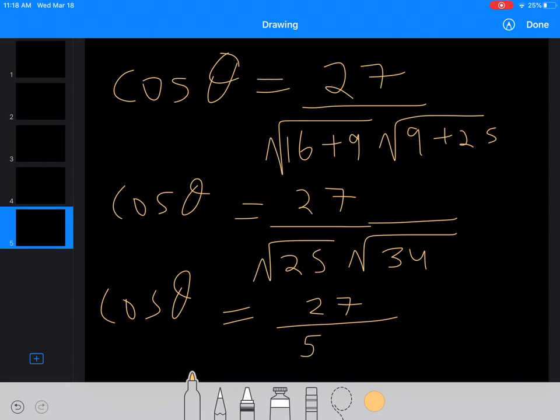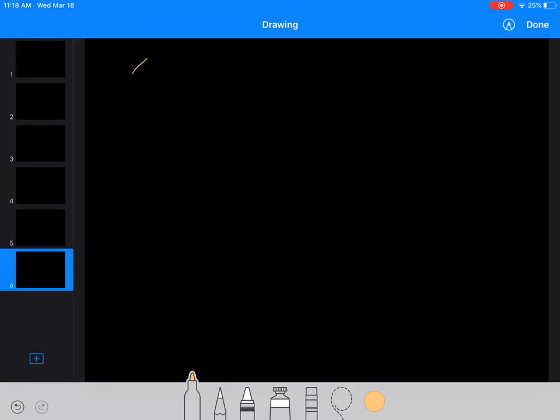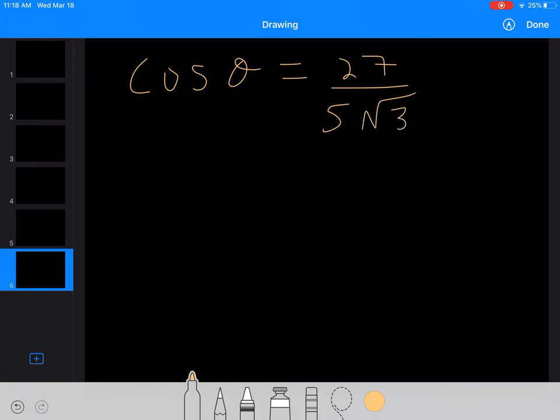We're going to keep the positive value of 5. And we can't do anything to the square root of 34, so we can keep it like that. All right, so far we have cosine theta equals 27 over 5 times the square root of 34.